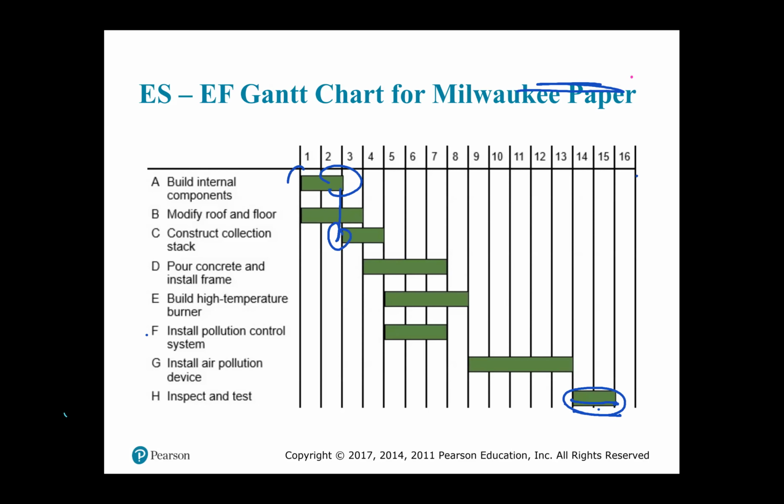So notice activity A and activity B begin on, this is really the zero line, right? Your start, this first line would be your equivalent to your start node. They begin flush on the start node, right? The zero line. So they run 1, 2 weeks, right?